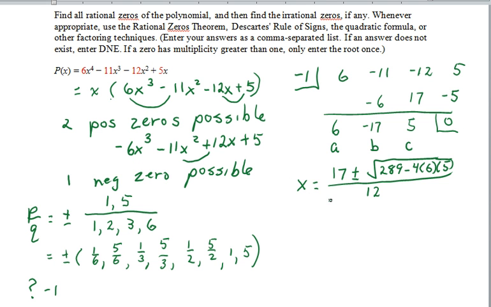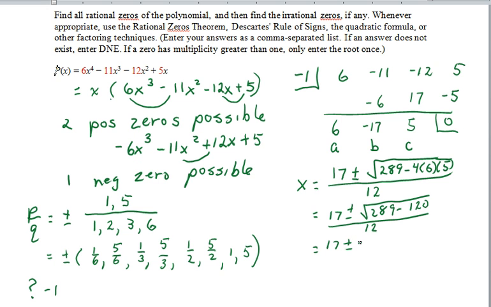And so that's going to be 17 plus or minus the square root of 289 minus 4 times 30, which is 120, all over 12.